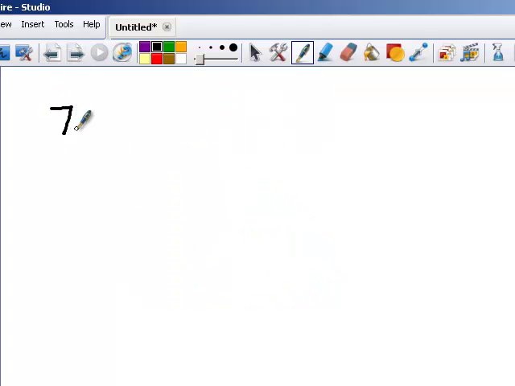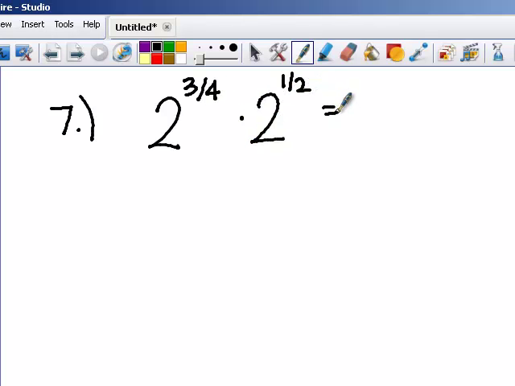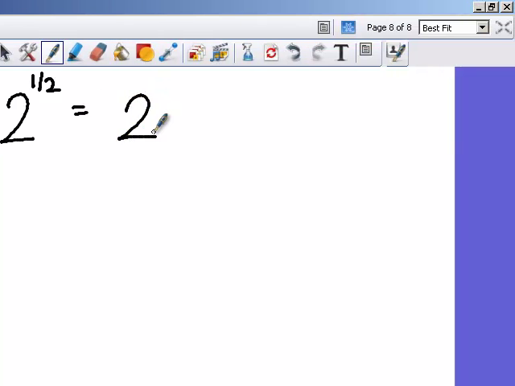All right, number 7. Okay, so now we do have the same base. So we're going to keep our base here, and we're going to add 3/4 and a half together. And I'm going to use the calculator by punching in parenthesis 3 divided by 4 parenthesis plus parenthesis 1 divided by 2 parenthesis.